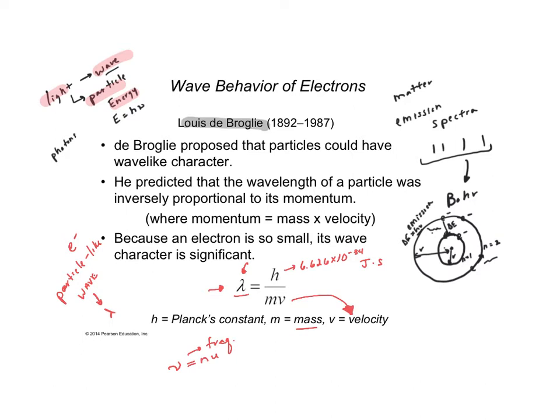I know that doesn't really make sense, but if we take something like a baseball, a baseball is really big. And if we plug all of the various parts of the baseball into this de Broglie equation, we will get a wavelength that's incredibly small. By small, I mean like 10 to the minus 34th meters, really, really small, especially compared to the size of the thing that this wavelength is for.